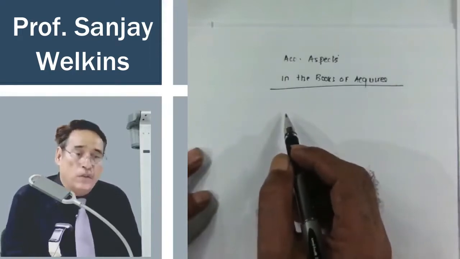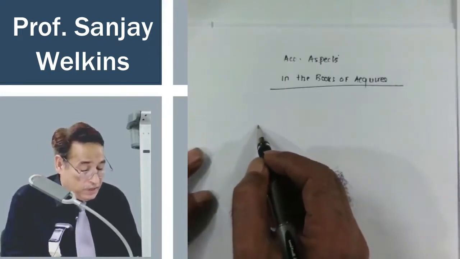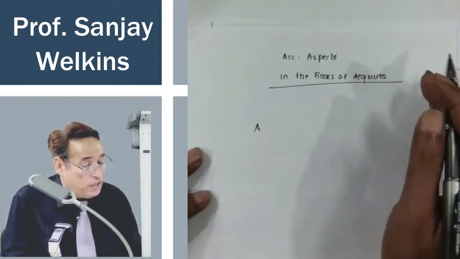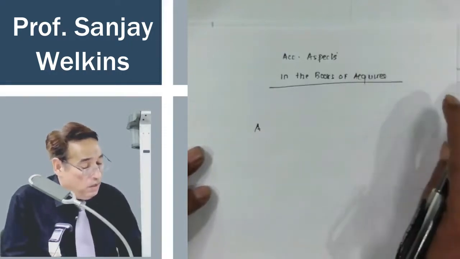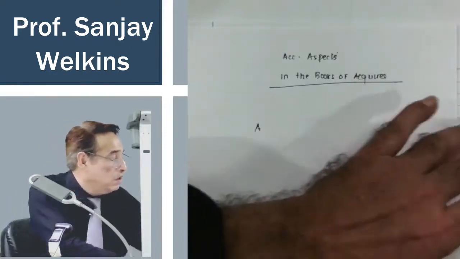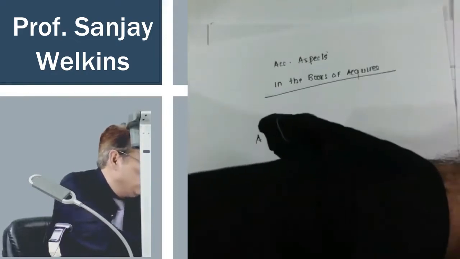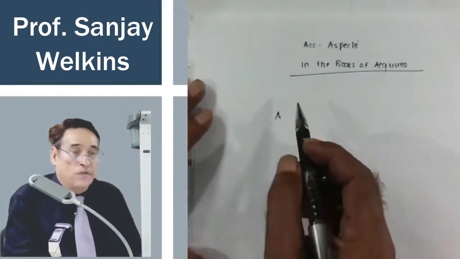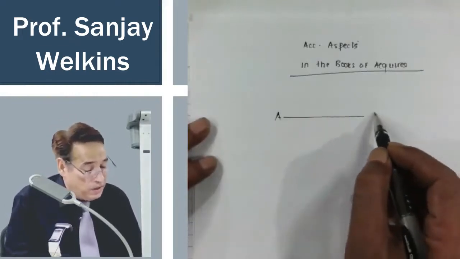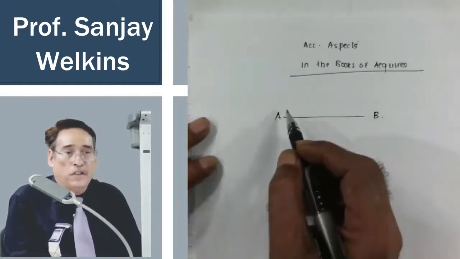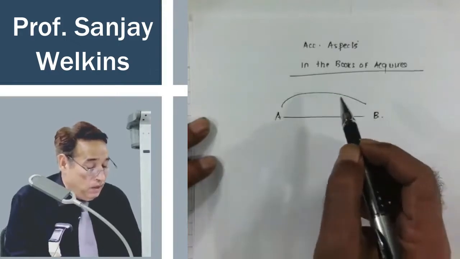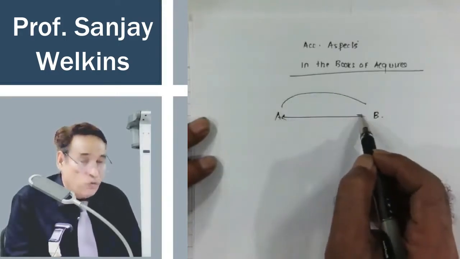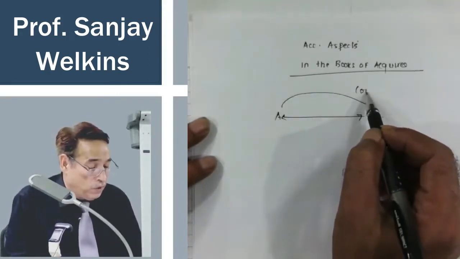First of all, you need to understand that when I say company A has acquired company B, mostly we mean by this phrase that we are acquiring the control of this particular entity.